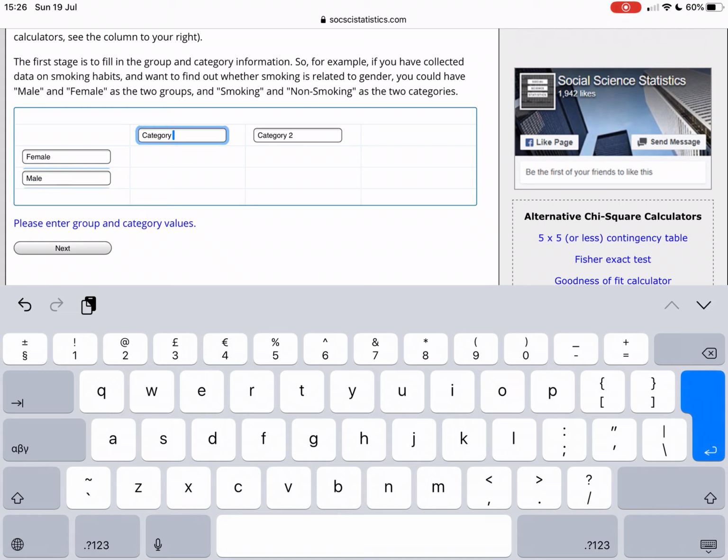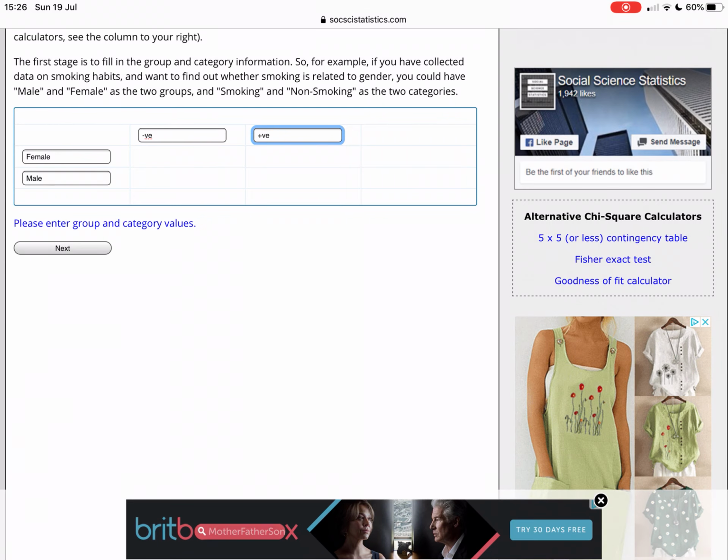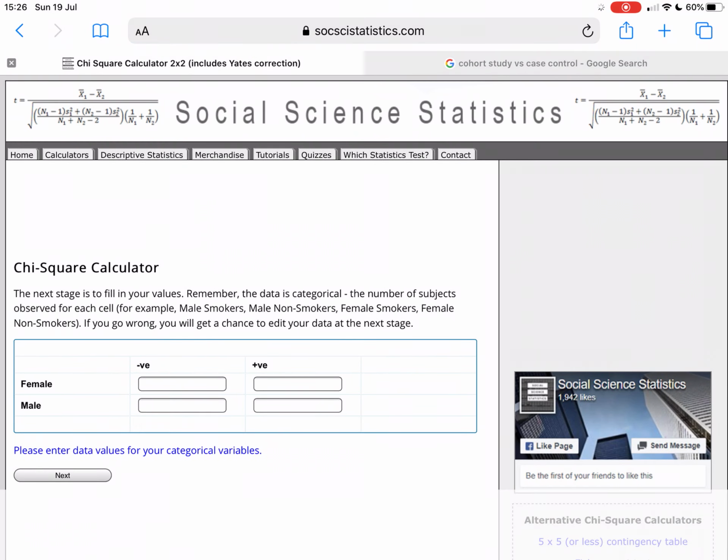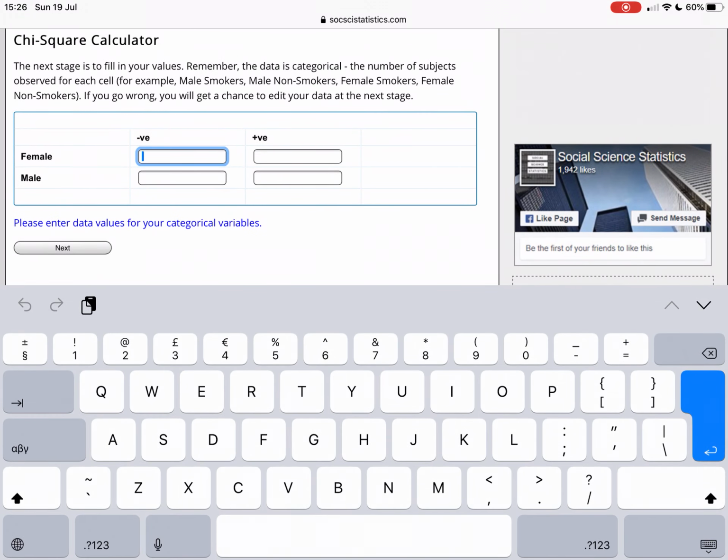And the category here, we say they were negative, and here these were positive. So they are positive, and then next. So we've entered the groups, and now here it asks us for the actual numbers.